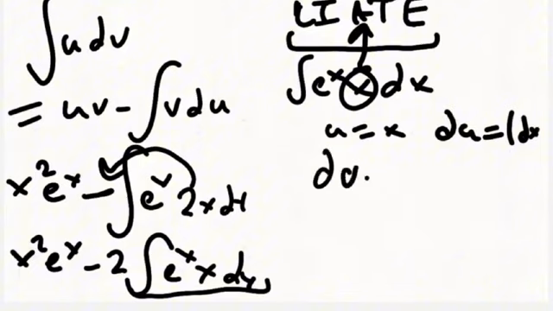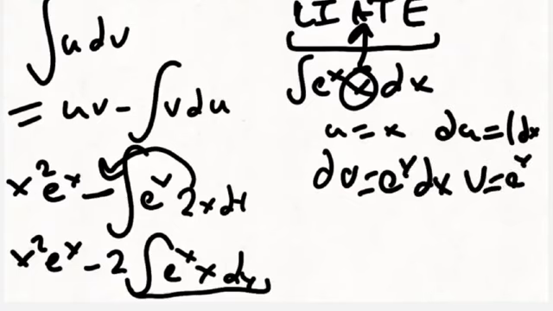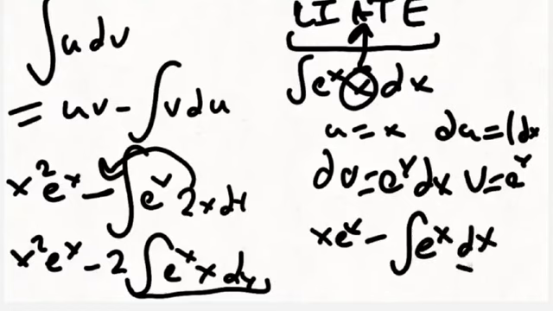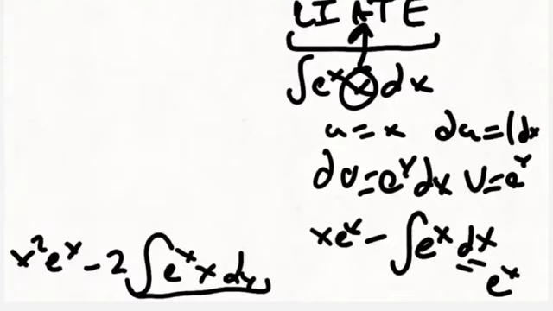And dv is equal to e to the power of x dx, and v is equal to e to the power of x. Okay, now we do plug and chug again. So we have uv, which is equal to x e to the power of x minus the integral of v du. So it's the integral of e to the power of x dx, and this is just equal to e to the power of x.